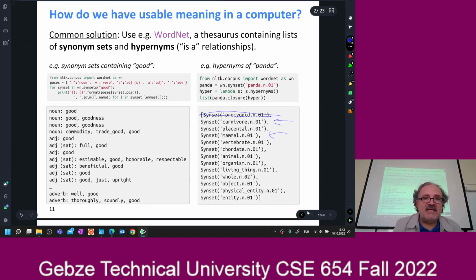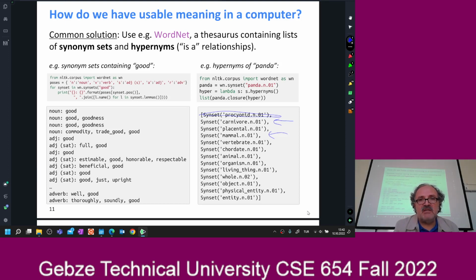Some would say that to represent meaning, we would use resources like WordNet. WordNet is a human-constructed network of words. Some very smart people sit together and define lots of relationships between the words.